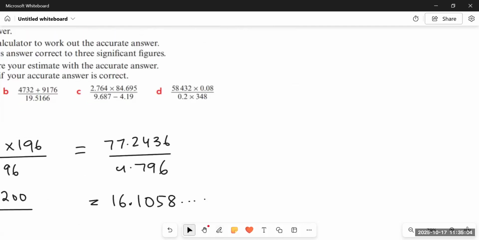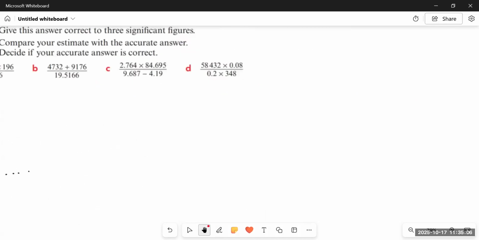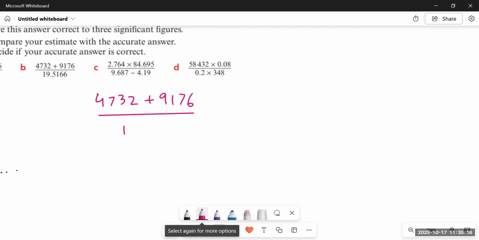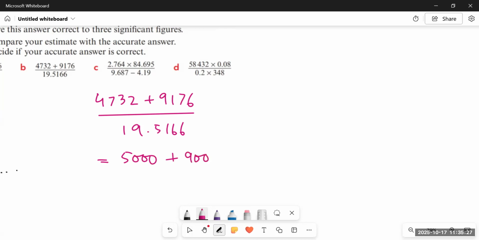Okay, now let's do the second part. So in part B, it says 4732 plus 9176 upon 19.5166. So the first one would become 5,000, rounded to one significant figure. This will be 9,000, and then 19.5166 would be 20.